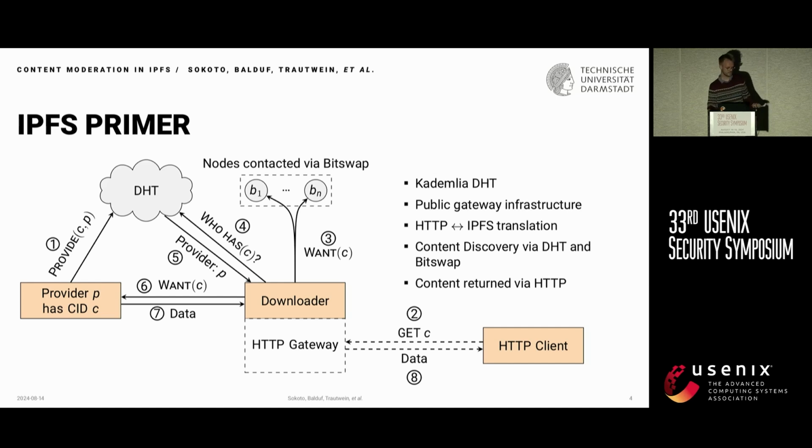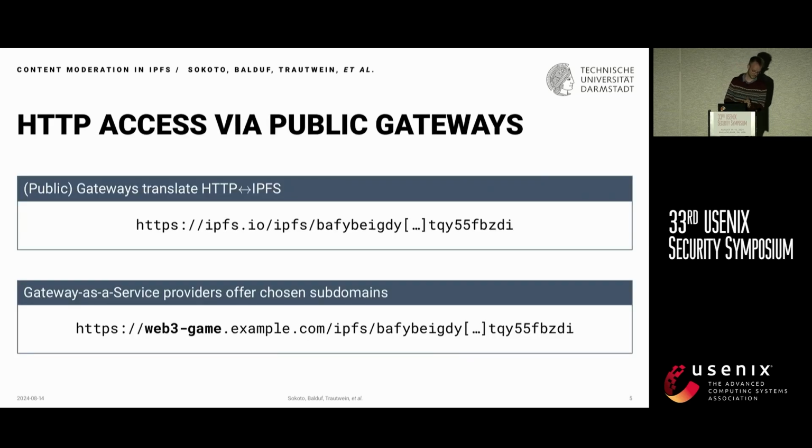The whole HTTP part at the bottom is optional, but it is very convenient because not everyone can run one of these peer-to-peer nodes. Using those gateways, you can access content on IPFS, and it usually looks like this. You have a provider on some domain name, let's say IPFS.io. These are operated by Protocol Labs. And then /IPFS/whatever.